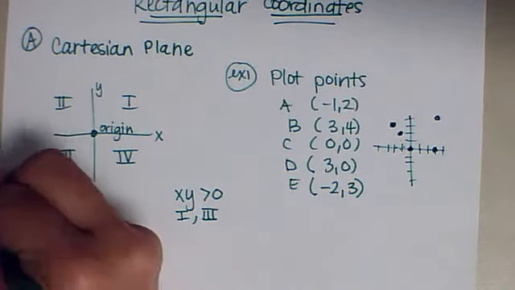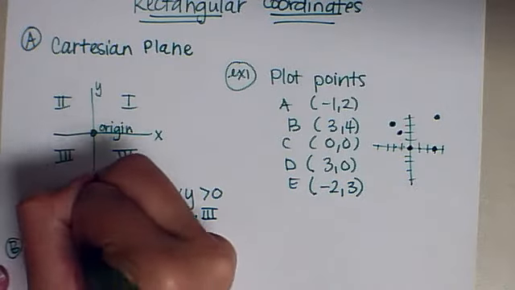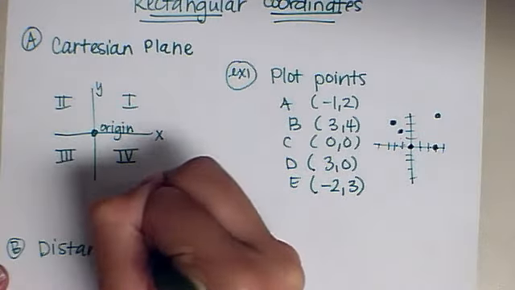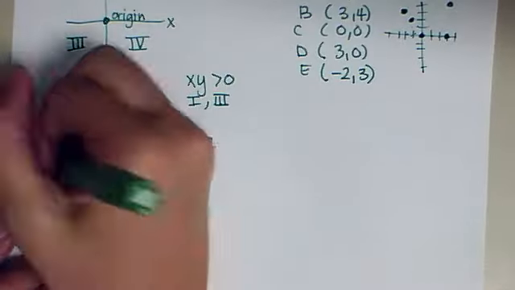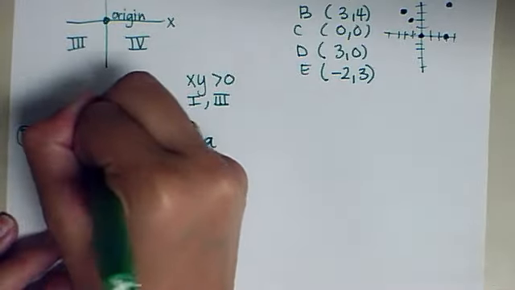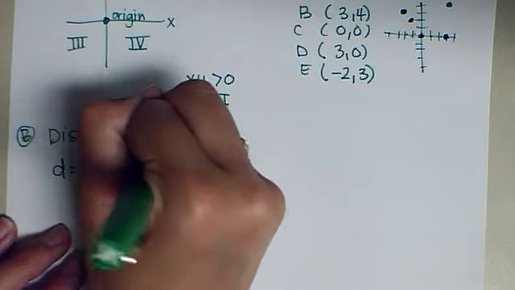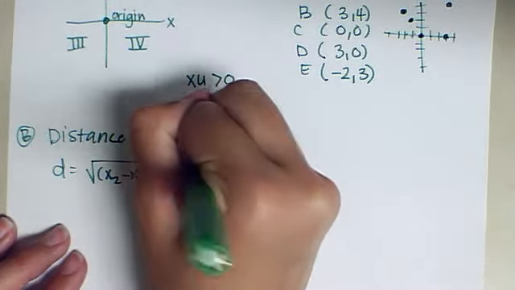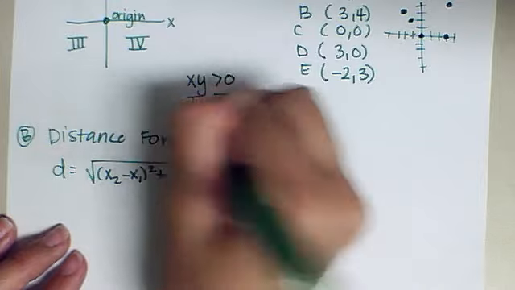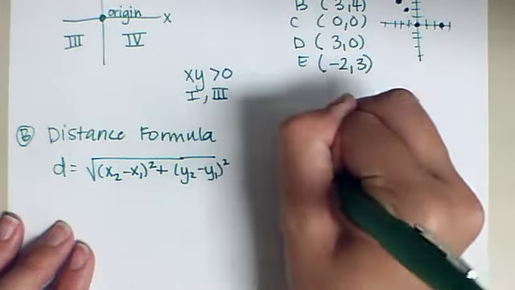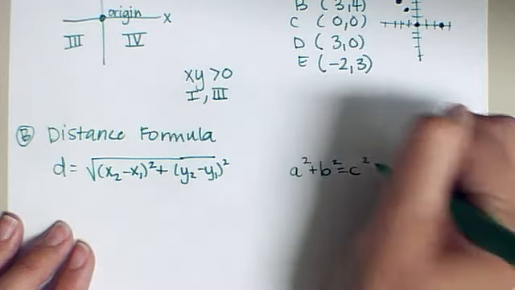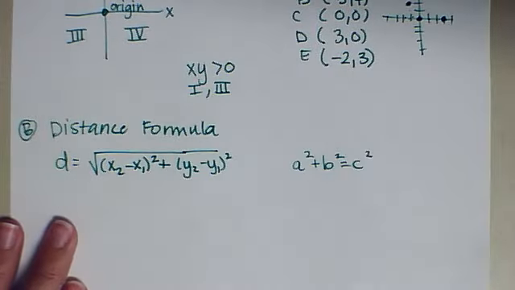The next thing we talked about in class was the distance formula. Again, this should be review, but you may not have covered this since about geometry. The formula is d equals the square root of (x2 minus x1) squared plus (y2 minus y1) squared. In conjunction with the distance formula, we're going to use the Pythagorean theorem to show some things about triangles and their vertices.